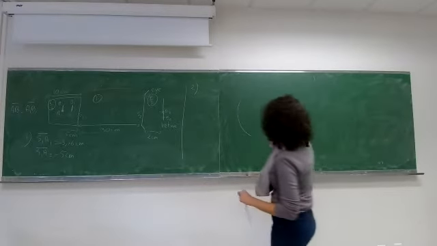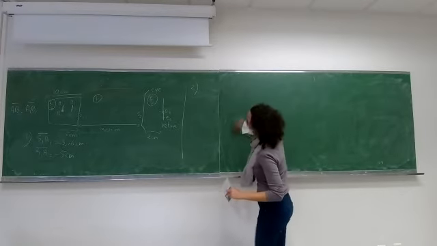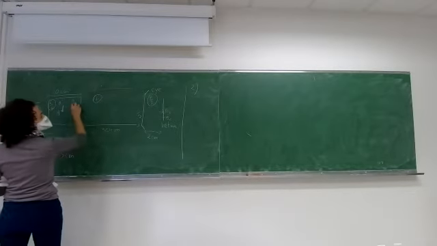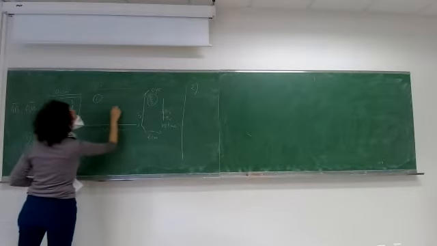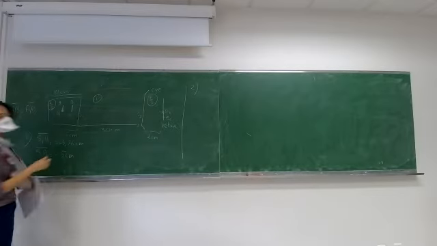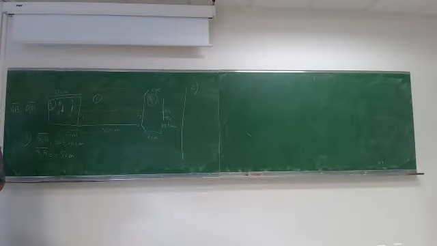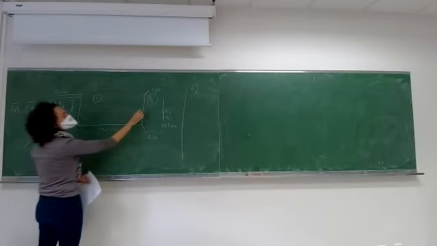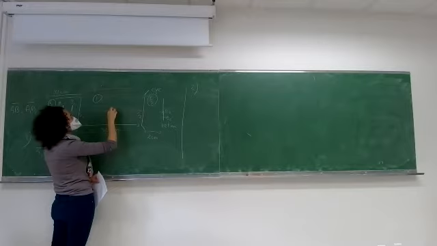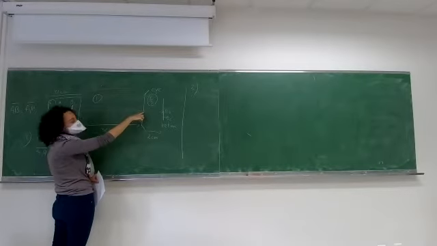So the question is to compute the subtended angle, the apparent angle for the eye. You always start from S2.